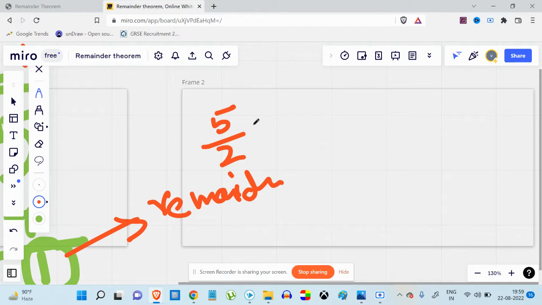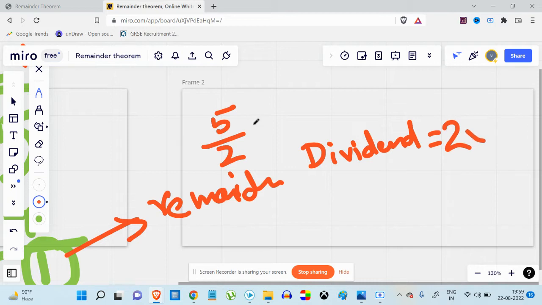So the dividend equals 2 times 2, so 2 is the divisor, 2 we got as the quotient, plus 1 as the remainder.